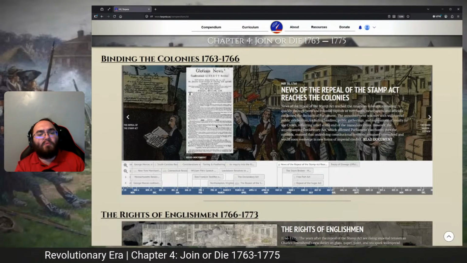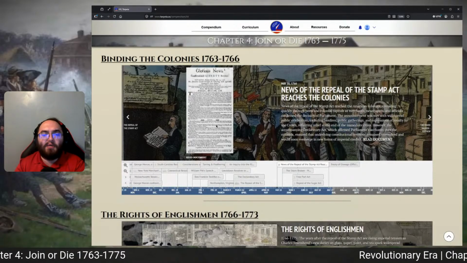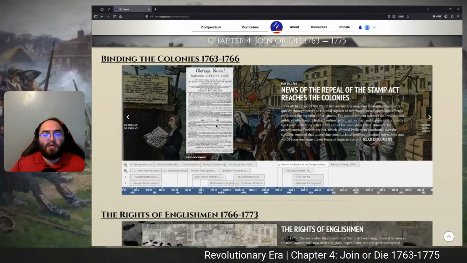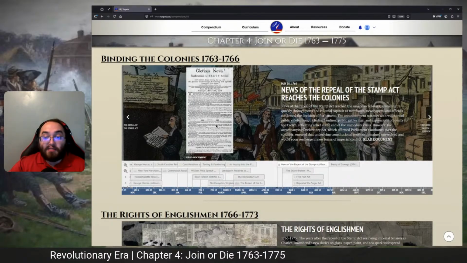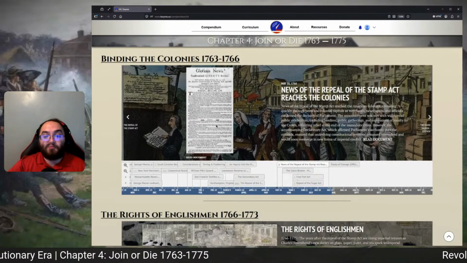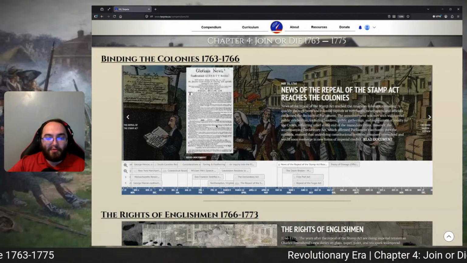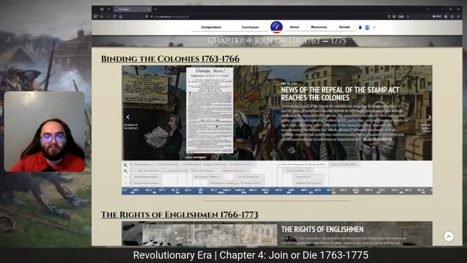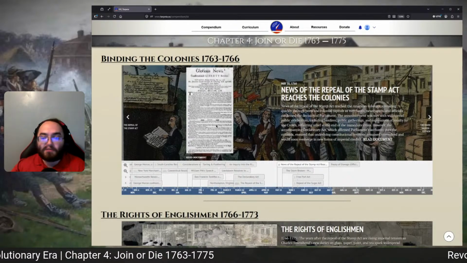And so news of the repeal of the Stamp Act reached the American colonies, spreading quickly through ports and colonial capitals as merchants, newspapers, and officials confirmed the decision of Parliament. The announcement was met with widespread public celebration, including bonfires, public gatherings, and expressions of loyalty to the crown, reflecting relief at the end of the immediate crisis, the stamp crisis.